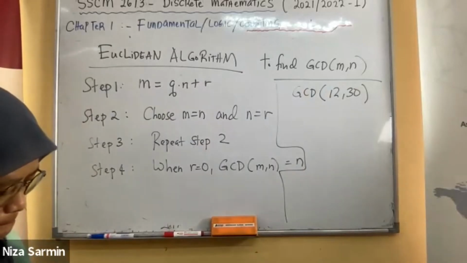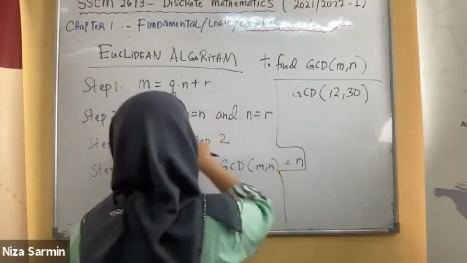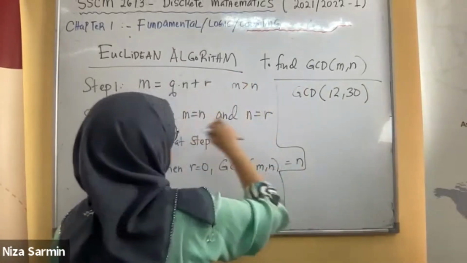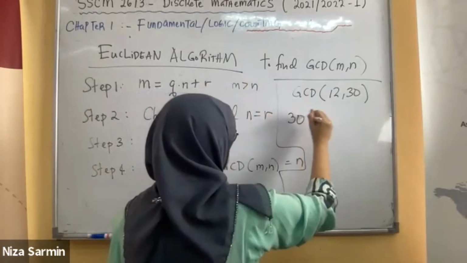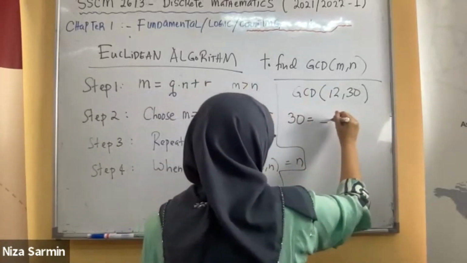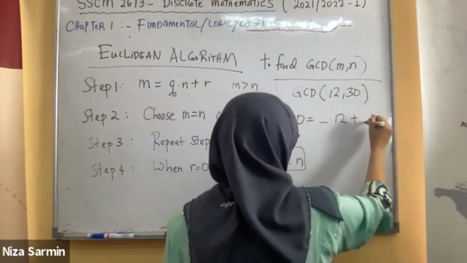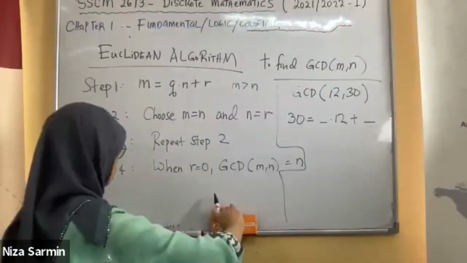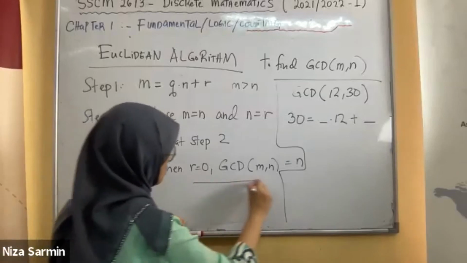You put M bigger than N, because you want to divide. So 30 is what times 12 plus what?